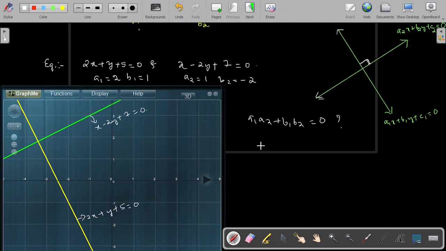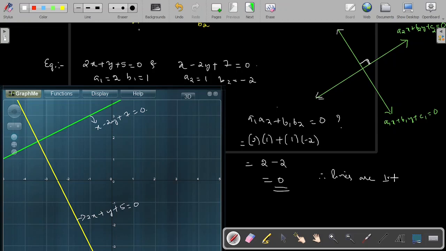Let us substitute those values here. 2 into 1 plus 1 into minus 2, that is 2 minus 2, which is equal to 0. Therefore, this condition is satisfied. Hence, the lines are perpendicular to each other. This is how we check the orthogonality in the case of lines in 2D.